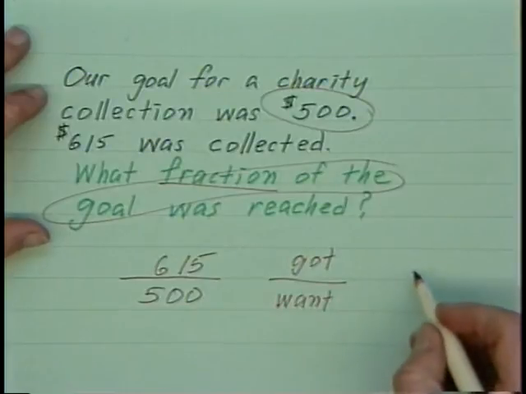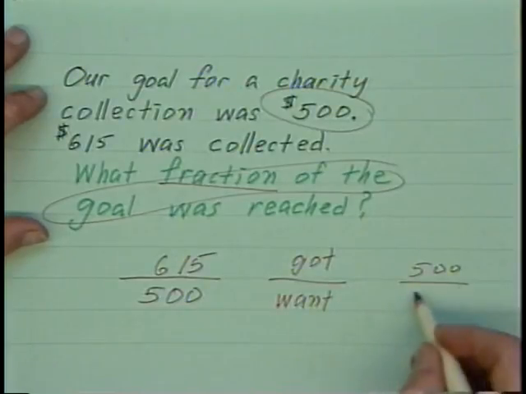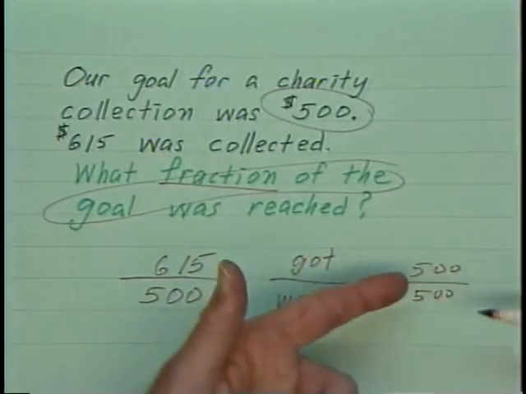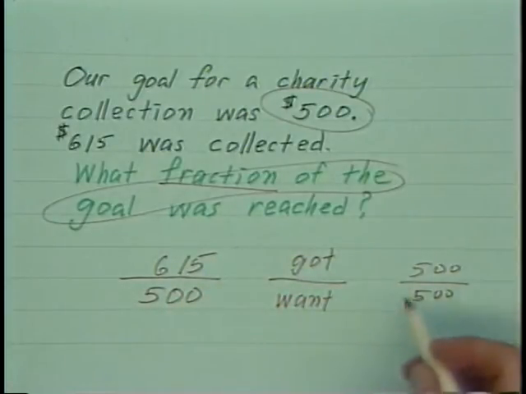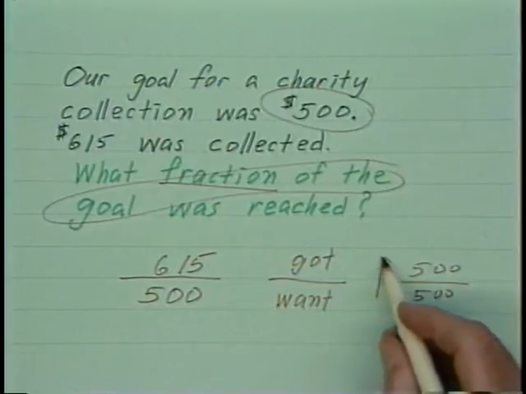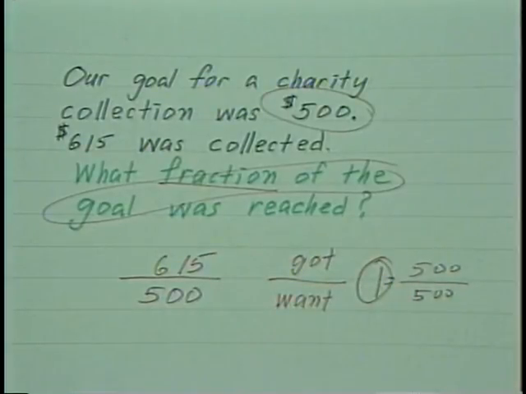And if the top is equal to the bottom, then that means we actually reached the wholeness that we wanted, which we knew is equal to 1. So 1 is frequently used to refer to all of, one of something. That's what we mean by one of something, all of something.